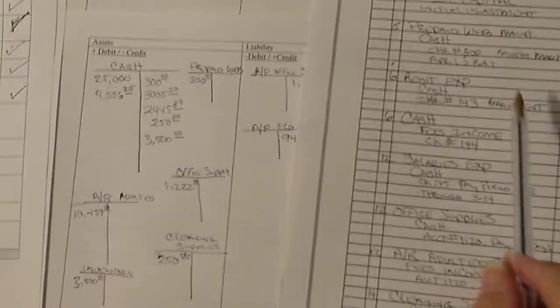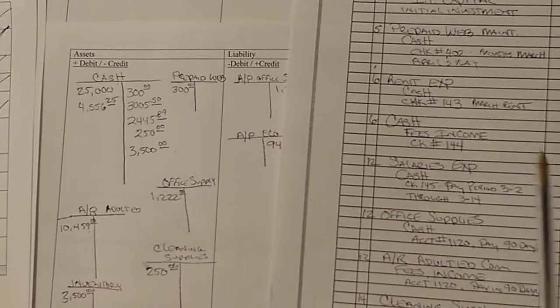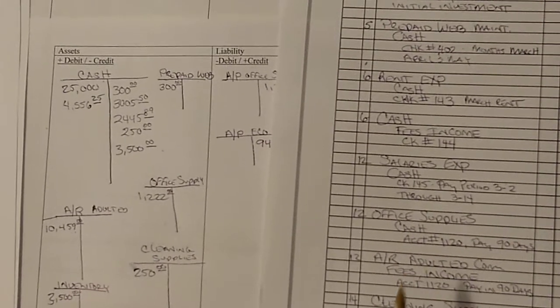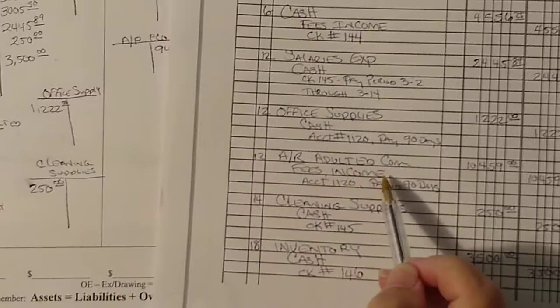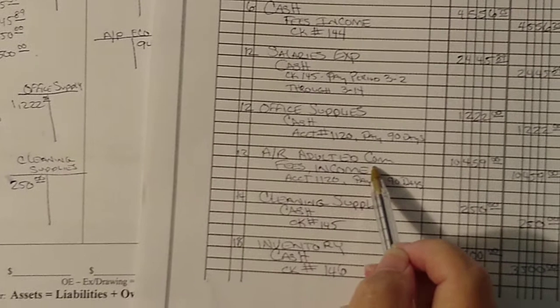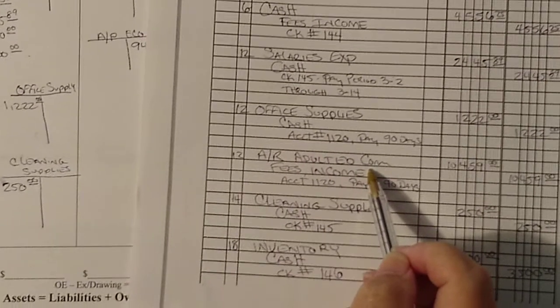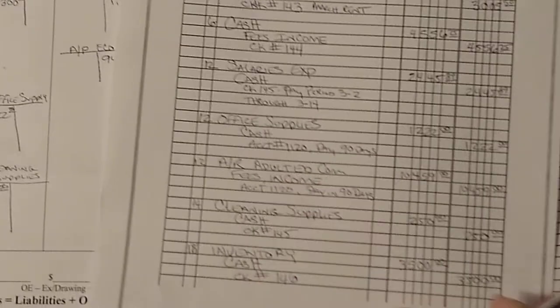Here it is. Accounts receivable, adult ed, community. Or community adult ed institute. Anyway, that's the account that they're paying on.